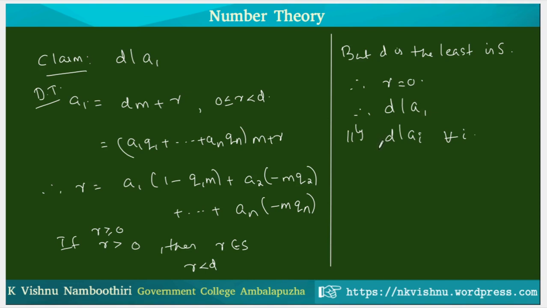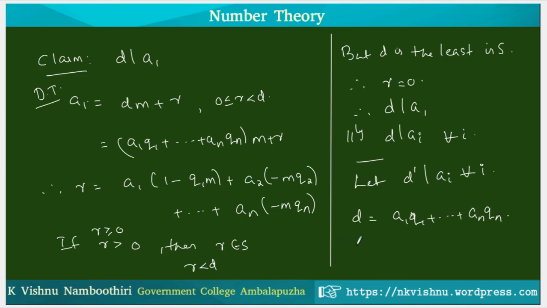Now we need to show that D is the GCD, or otherwise, that if D dash is some divisor of all the ai's, then D dash is less than or equal to D. Now, let D dash divide ai for all i. D is a linear combination of the form a1q1 plus etc. plus anqn.